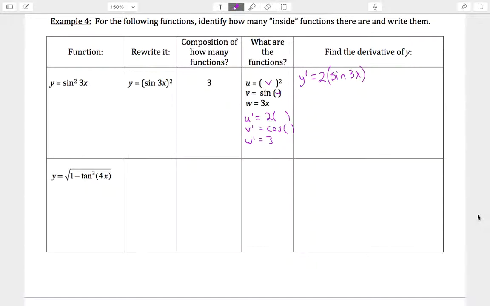I just took the derivatives of each of those pieces. So we are taking the derivative of the biggest outside, which is the square, 2 times to the 1, and then I just wrote that in there. Times the derivative of the middle inside, times the derivative of the inside. And so that's just going to be 3, so 6.